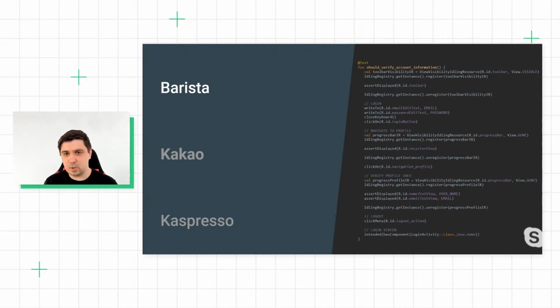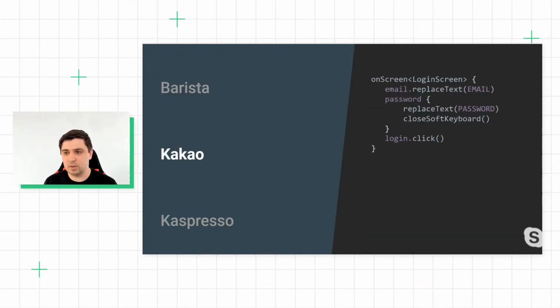So the next framework, one of whose main features is readability, is Kakao. Speaking about this framework, when you read this part of the test, it's much more readable. And if you open your application, you can just read and understand it. Because we are on the login screen, we enter some email, enter password, close keyboard, and just press login.